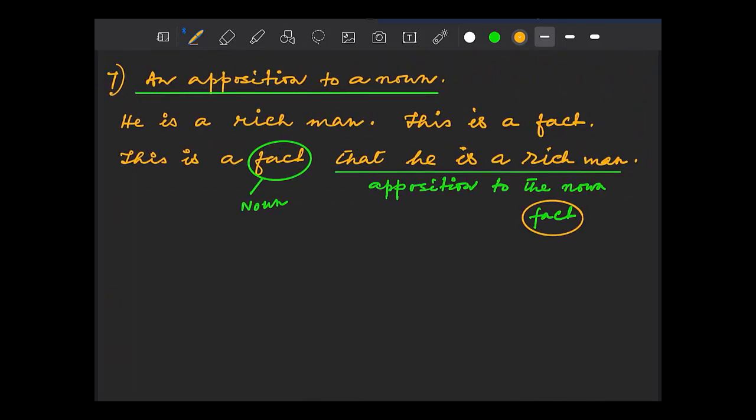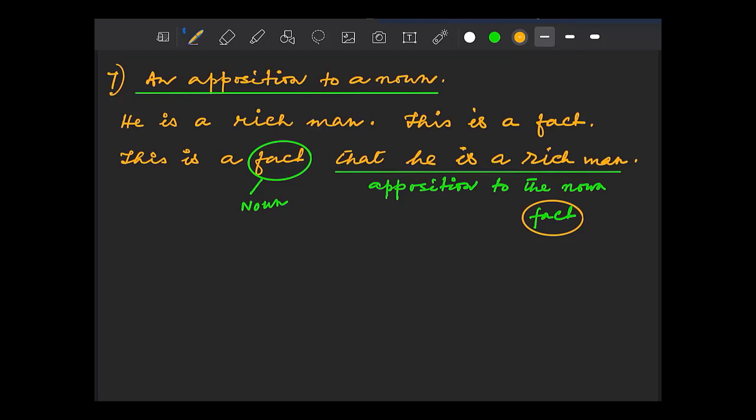Another example, that is, a noun clause is used as an apposition to a noun. A noun clause is used as an apposition to a noun. See the examples. He is a rich man. This is a fact. He is a rich man. This is a fact. See, the fact is a noun. So we will write this way. This is a fact, noun.